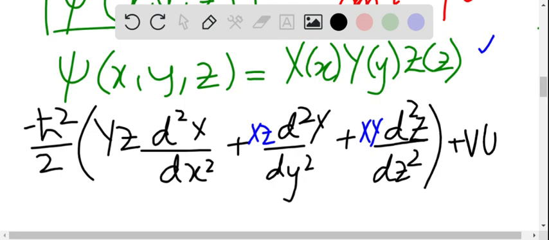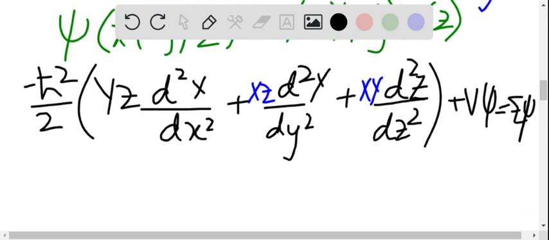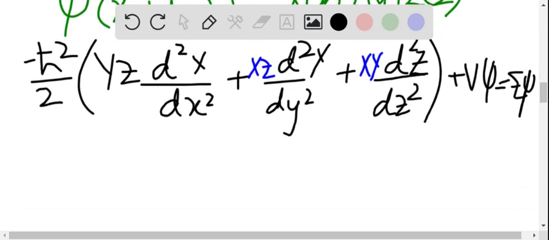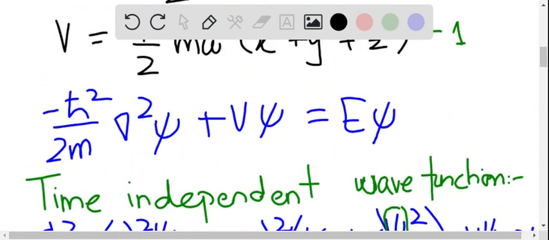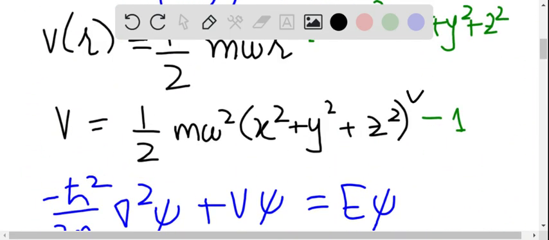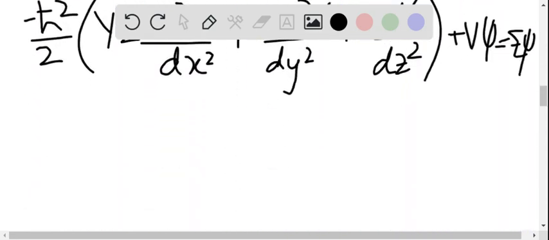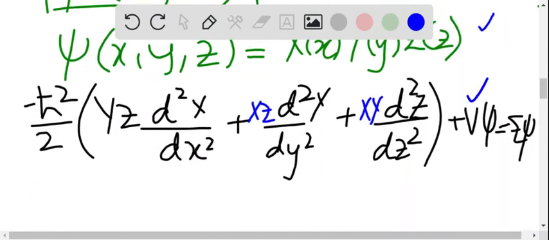Plus V times psi is equal to E times psi, it remains the same. Now from equation 1, from this equation, we are going to substitute it over here, right?